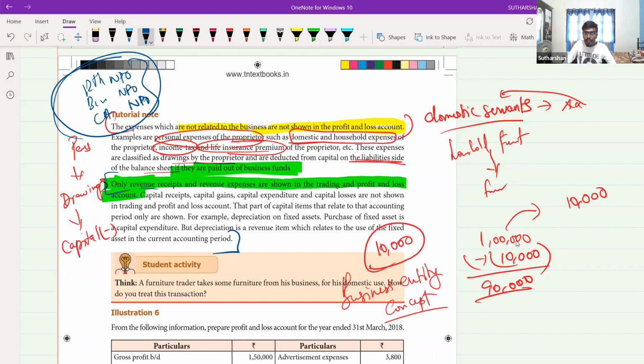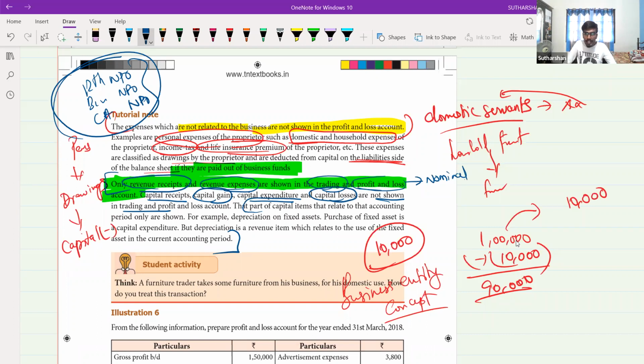Only the revenue receipts and only the revenue expenses are shown in trading account and profit and loss account, that is nothing but only the nominal accounts. Nominal accounts la revenue that will show. Capital receipts, capital gains, capital expenditure, capital losses are not shown in trading account. அப்ப அத காமிக்க மாட்டாங்க. அப்ப எதுல காமிப்பாங்க? It will show on the balance sheet.